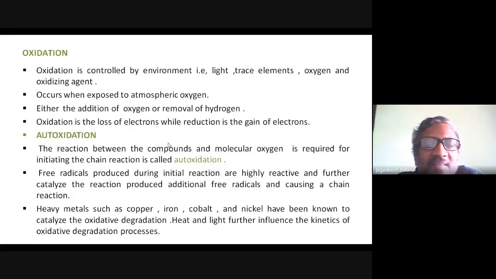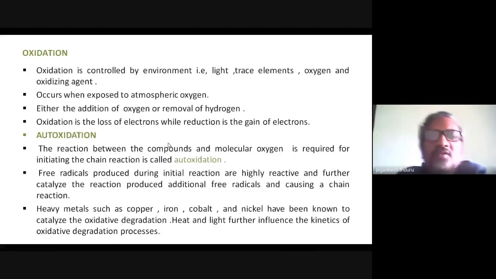We need to find out what the problem is, whether it is the presence of vapor, the presence of heat or light, or it may be the presence of environmental oxygen, that is O2 in the atmosphere, or it is progressing by electron loss, that is loss of electrons. How it is progressing, accordingly we need to take prevention methods to prevent the oxidation degradation process.